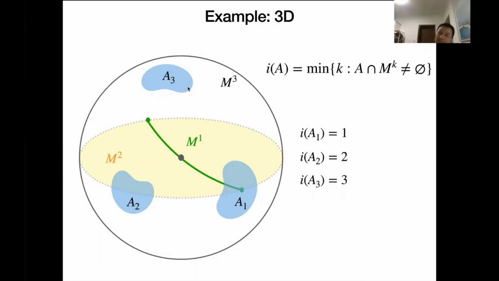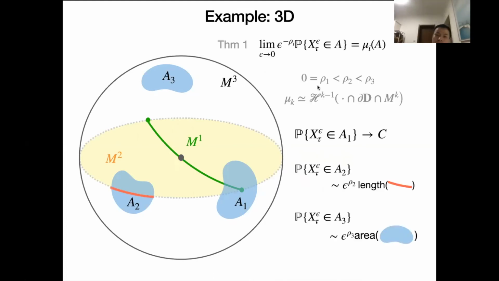That is, they are sitting on the sphere-like boundary. Recall the definition of the index is the minimum k such that A intersects Mk is not empty. Since A1 intersects M1, the index of A1 is 1. A2 does not intersect M1, but intersects M2, so its index is 2, and A3 has index 3.